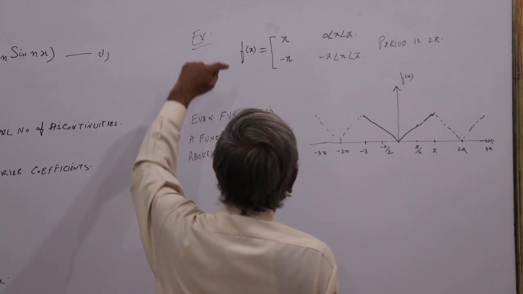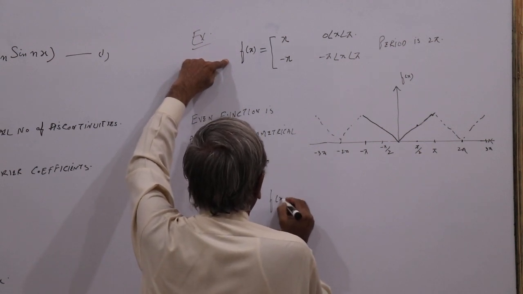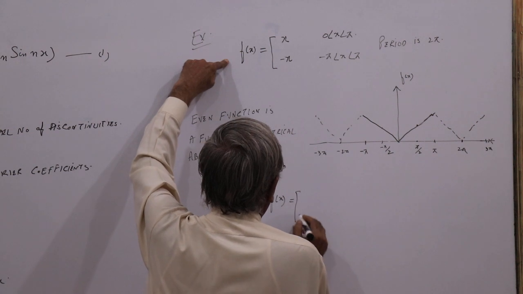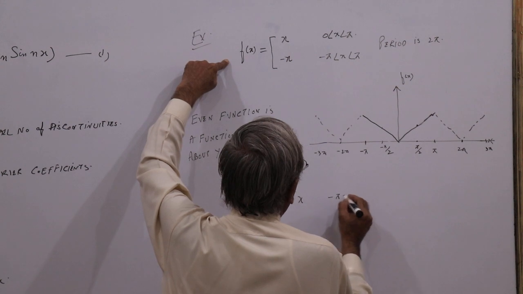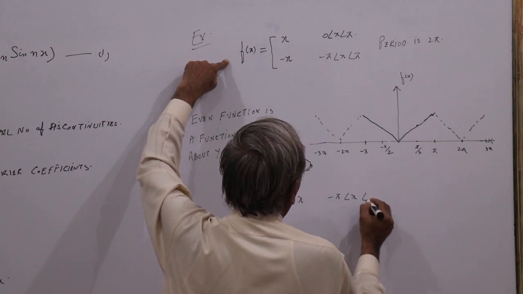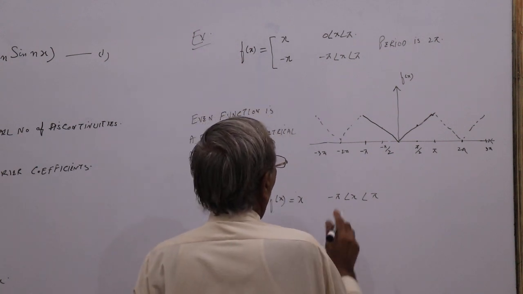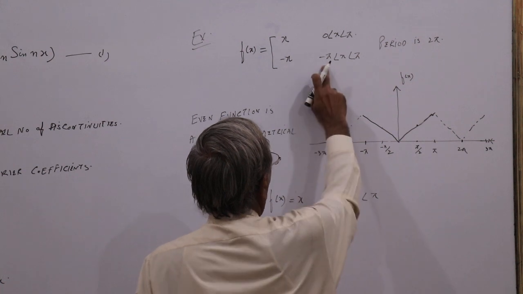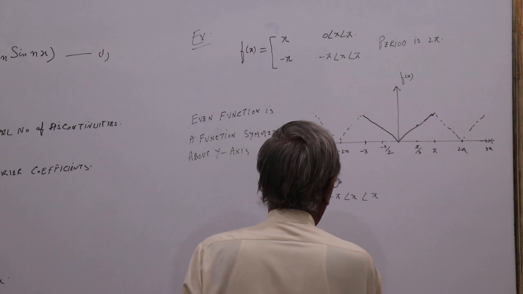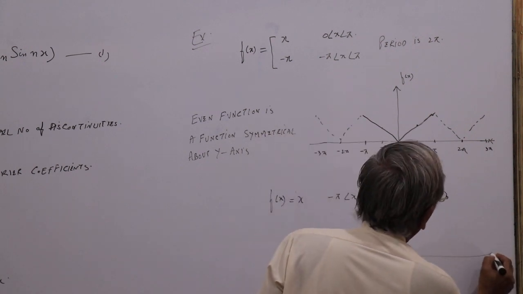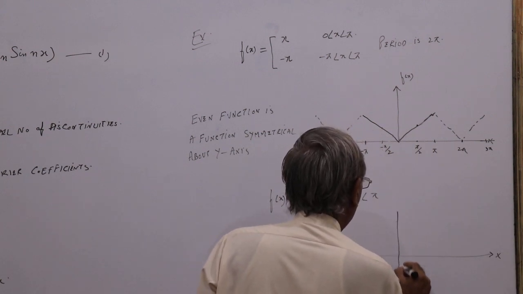On the other hand, if the function was like this, f(x) is equal to x, minus pi less than x less than pi, then look at what the graph is. It starts at minus pi and goes up to pi, and the function is x. The mathematical form looks the same, but the graph will be different.